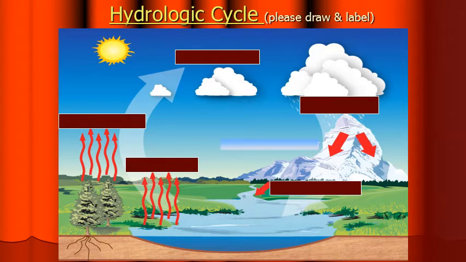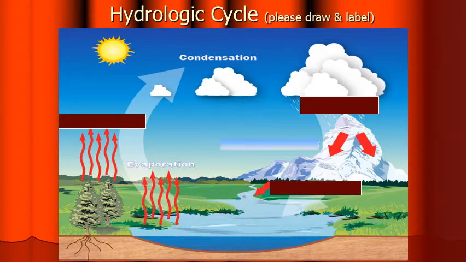We need to talk about the hydrologic cycle, or what you might have called the water cycle. My guess is that you probably know a lot of these, but there's maybe a couple in here that you don't know. So, we have evaporation, and by the way, you should be filling these in your notes. We have condensation when it gets to the clouds and turns back into liquid.